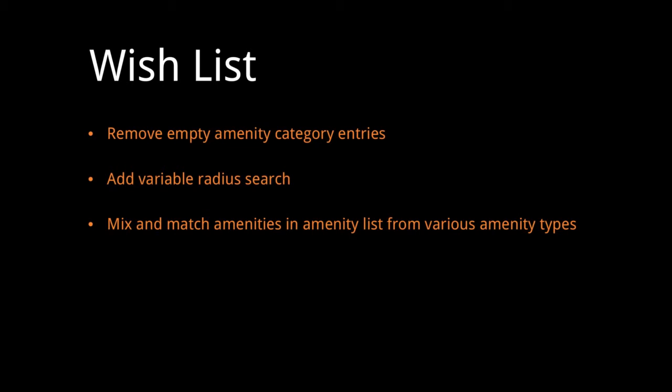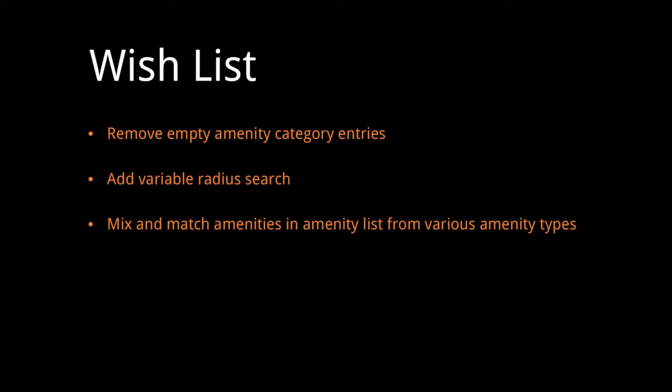Now, something else that I would like to see implemented and was a shortcoming in this semester was the variable radius search. Initially, it was my plan to allow the user to adjust the search radius when they wanted to search for amenities around their property.